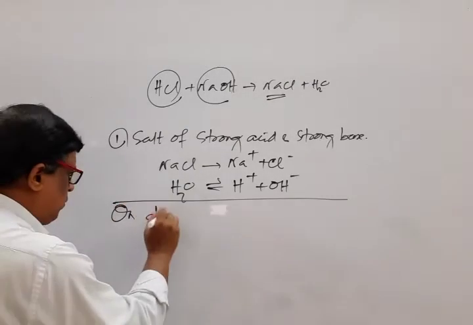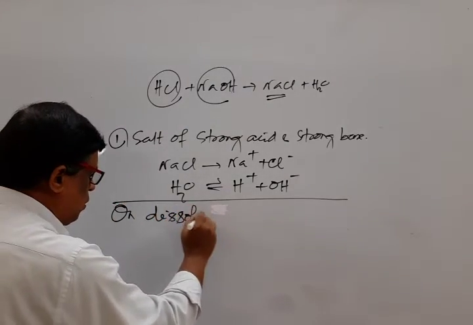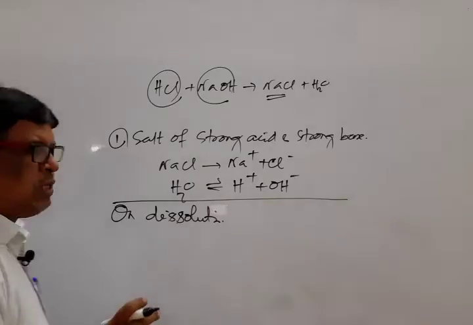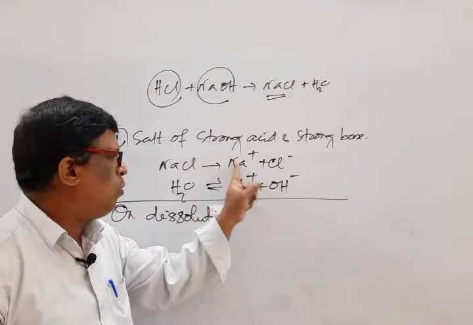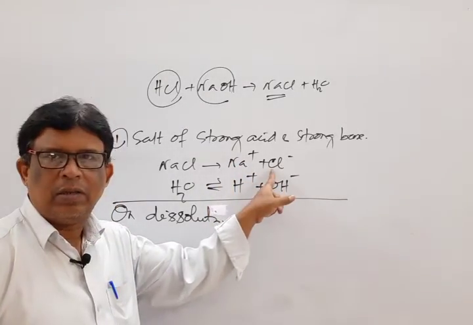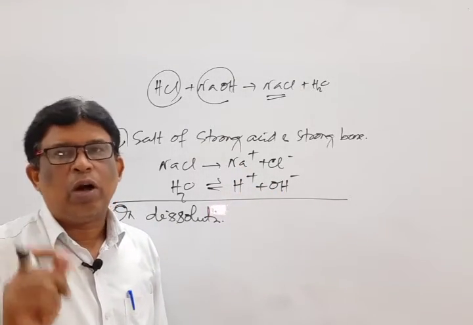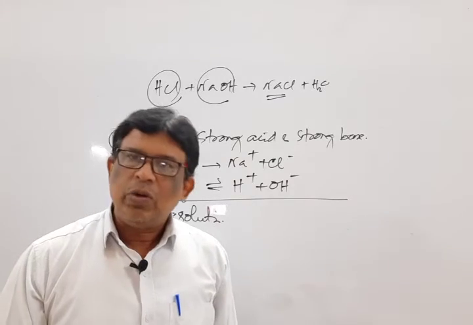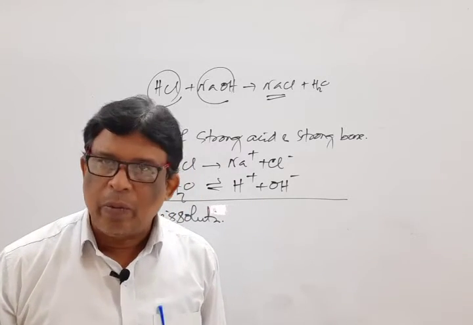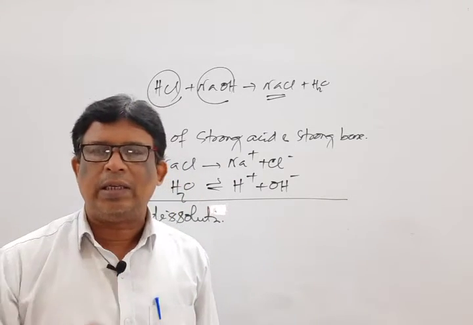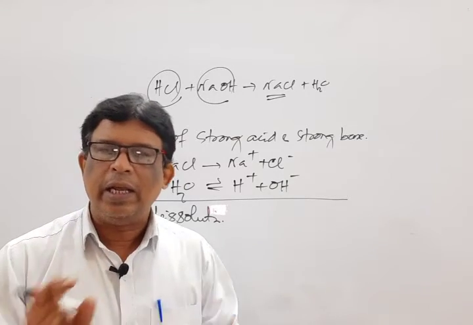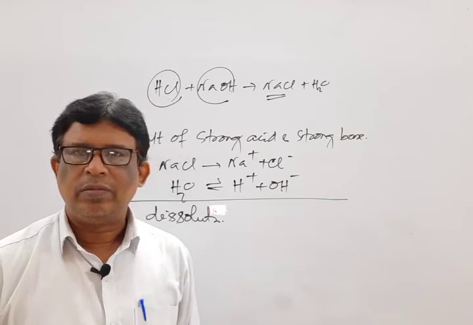On dissolution, what do we observe? Two chances are there, that is, interaction of oppositely charged ions. So Na+ when combined with OH- forms NaOH. As we know, sodium hydroxide is a strong base, which comes under strong electrolyte, so they never combine; they remain in ionic form.